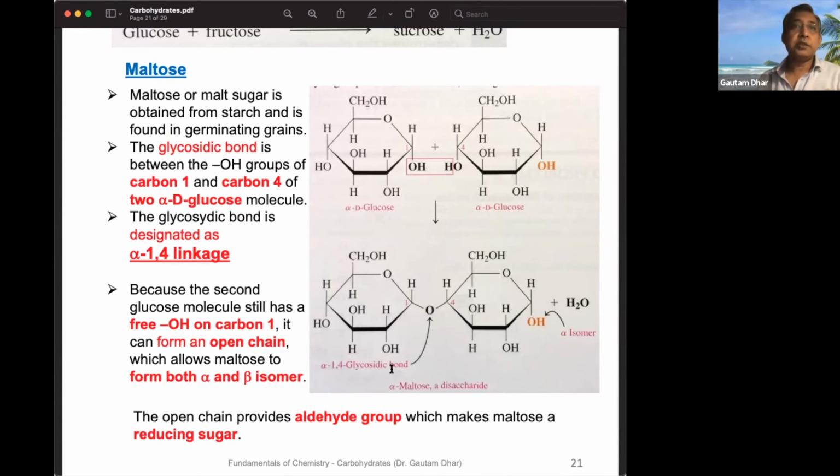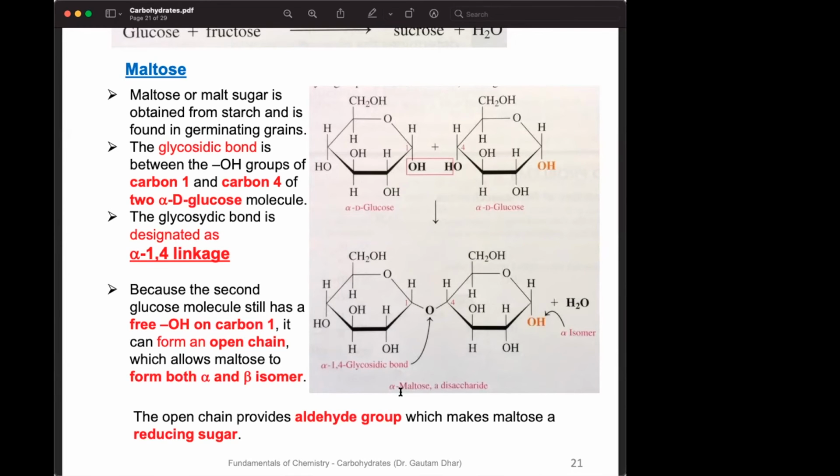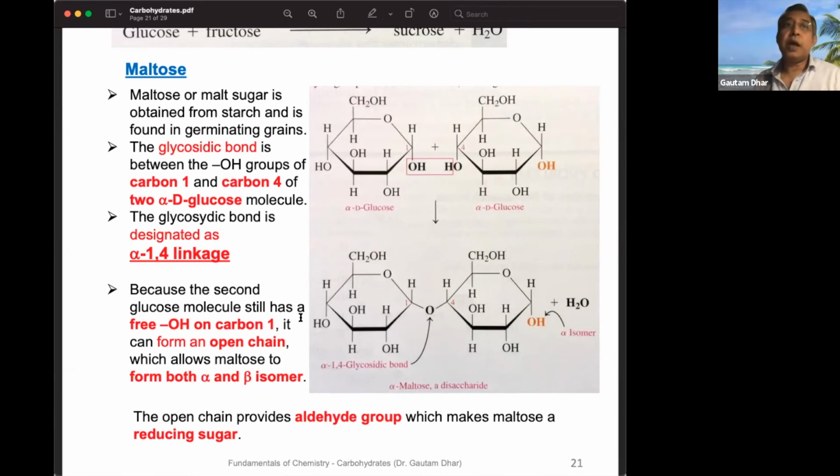So two things that we need to point out when you form a disaccharide: what kind of linkage and what kind of product. So this is an alpha 1,4 linkage, alpha because these two bonds are alpha. If you look at the first carbohydrate, the OH is pointing down, so this is an alpha 1,4 linkage, and the product is alpha. Now you can have an alpha 1,4 linkage, but a beta maltose.